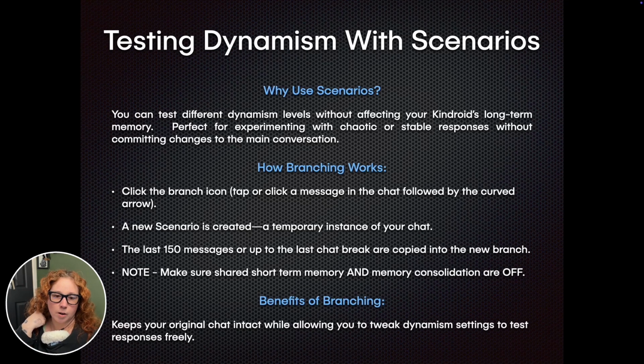Testing dynamism with scenarios. This is a new feature that actually works really good for exactly this thing. Why use scenarios? Y'all know what scenarios are. This is that thing where, when you click or tap on your kin's message, it has that little road with the two arrows that come up.